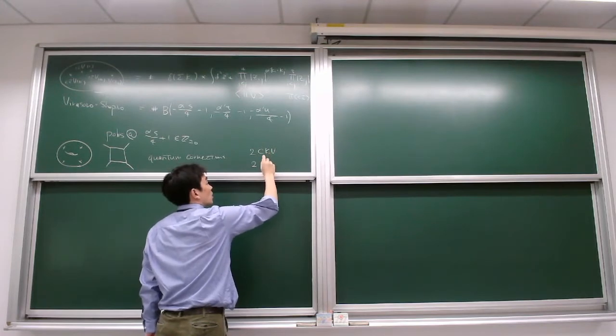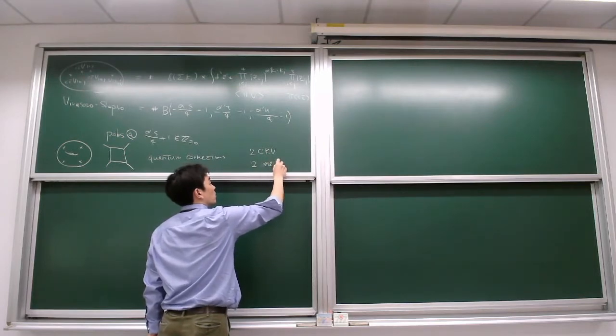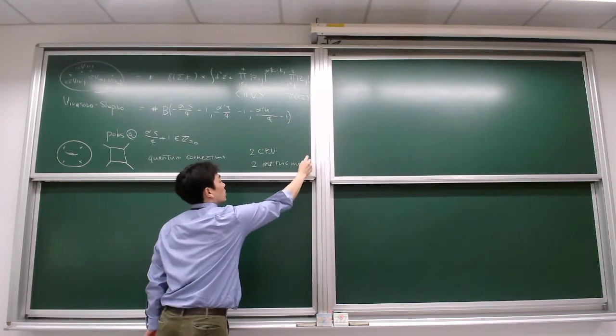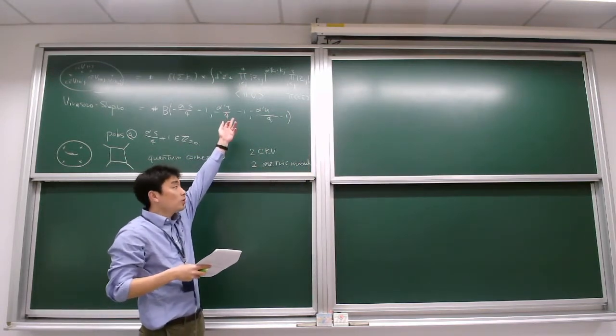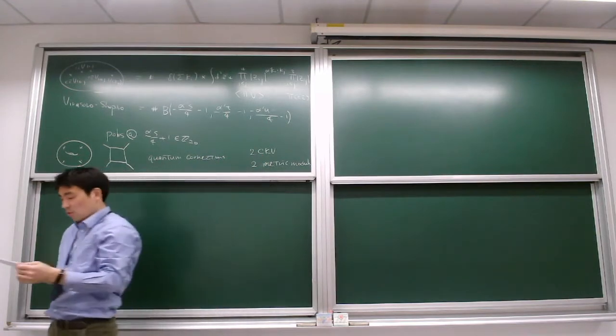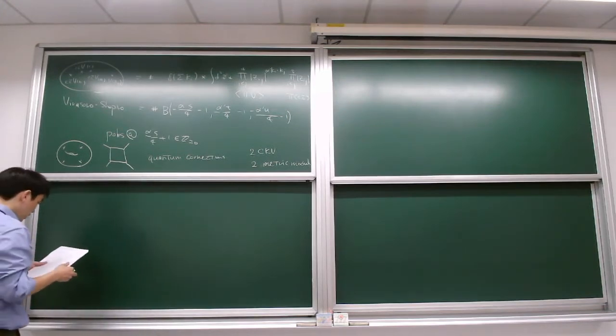Okay, two-dimensional moduli. So now a new ingredient comes in. Last time, for the sphere, we didn't include metric moduli, but now we have metric moduli, so we have to carry out the integration over the metric moduli.